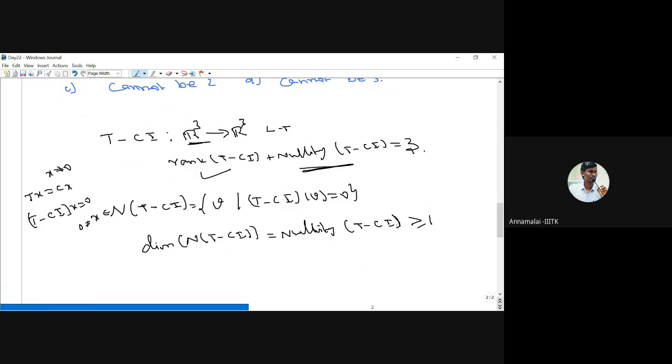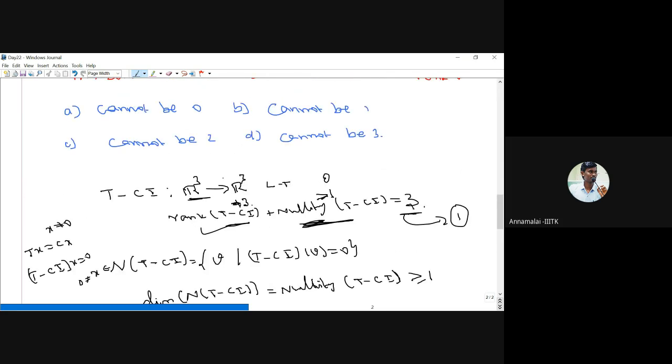We don't know if it is exactly 1, but at least 1, cannot be 0. Therefore, by the rank nullity theorem, we call this equation number 1: this number is at least 1. Therefore the rank cannot be equal to 3. If it were 3, the nullity should be 0, because the sum is 3. The nullity is at least 1, therefore the rank should be less than or equal to 2. Therefore it cannot be 3.